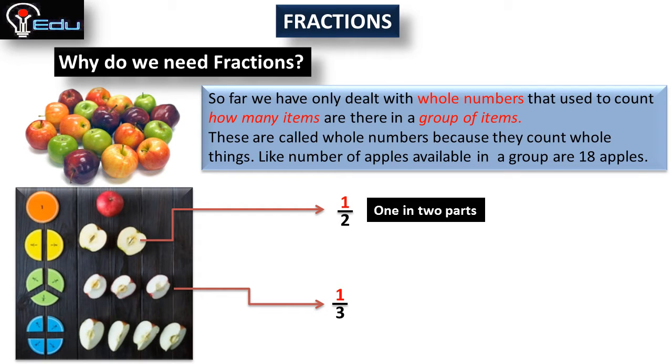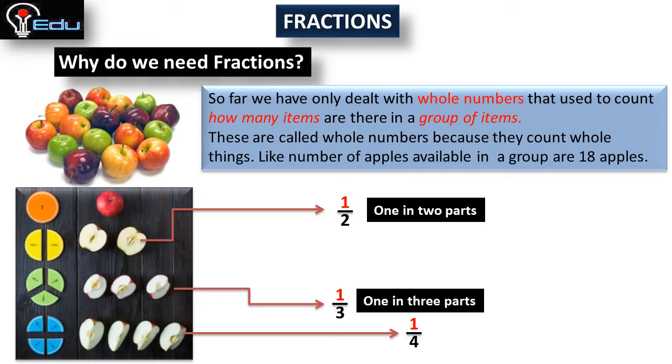Similarly, one whole is divided into 3 equal parts, and to represent that equally divided part, we require a fraction. That fraction means 1 divided by 3, that is 1 in 3 parts. Similarly, the whole apple is divided into 4 equal parts.